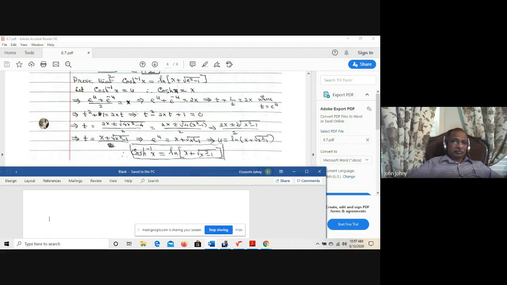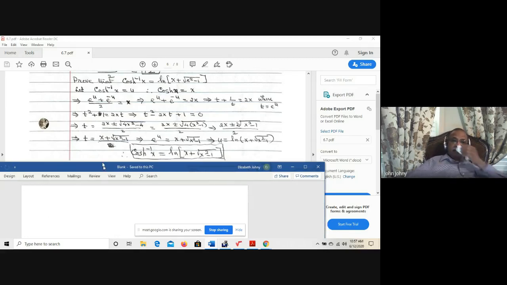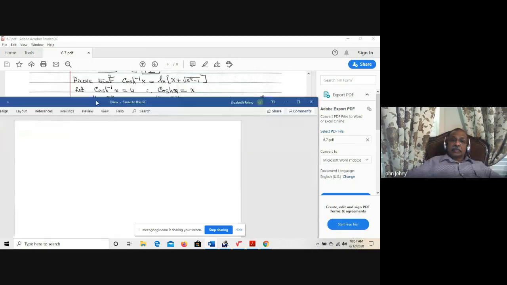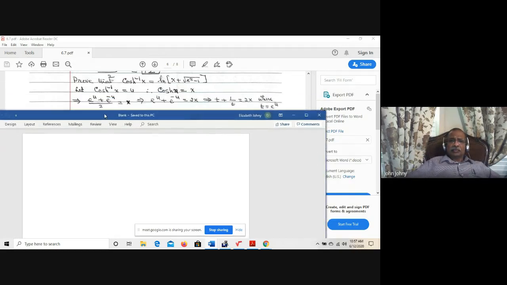I know the proof is slightly confusing, but I'll explain once again. First, you assume that cosech inverse x is equal to u. So cosech u is x. You apply the definition of cosech u: e to the u plus e to the minus u is equal to 2x.